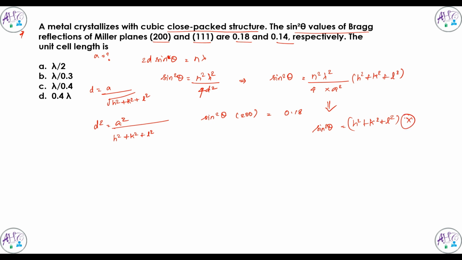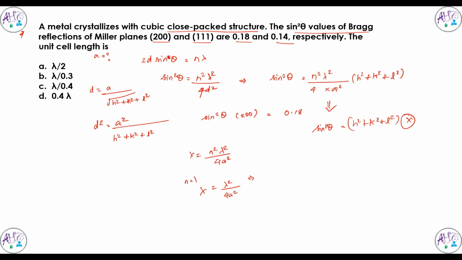Okay, so the x value is going to be equal to n square lambda square by 4 a square. If you consider n equal to 1, your x is going to be equal to lambda square by 4 a square. So this is equal to your x.